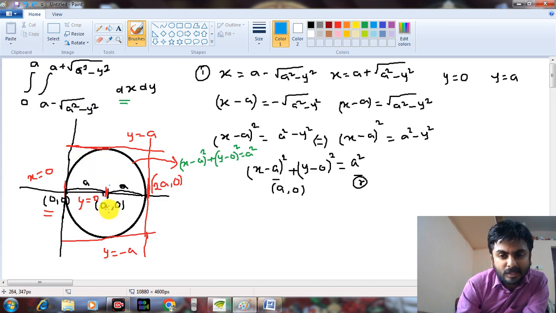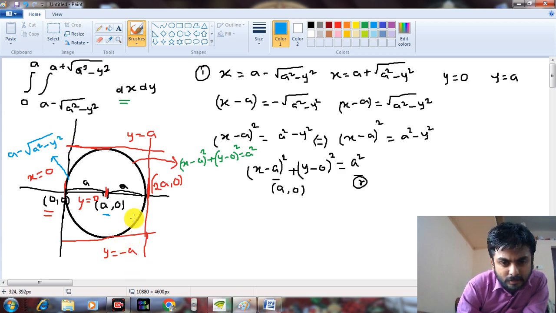So if a minus means left, since a is the center, a minus means this curve. The limit is called a minus root of a square minus y square, since a is the center.